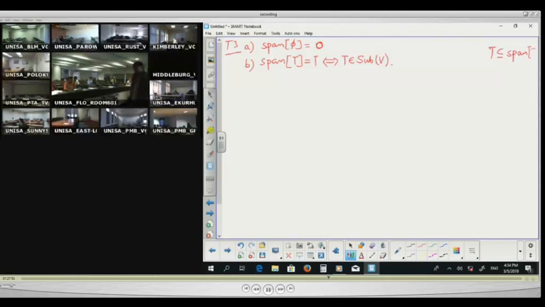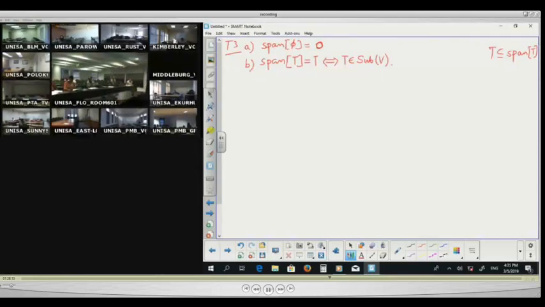But you have told me T is a subspace already. So span of T cannot be actually bigger, it must be the same, right? Because T is a subspace containing T. So you see the triviality in this argument.